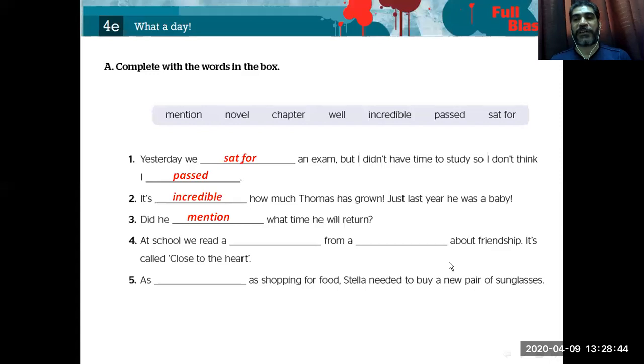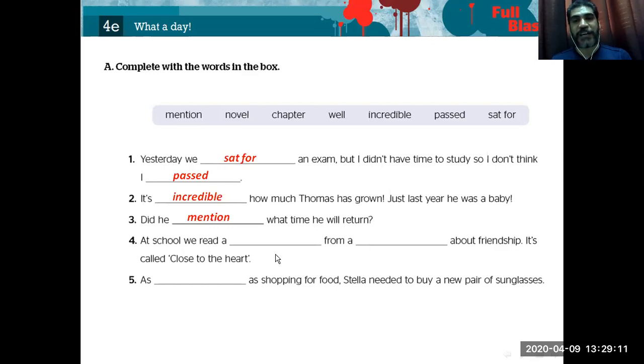Muhammad Busri, okay. Okay, we can read. At school, we read a space from a space about.